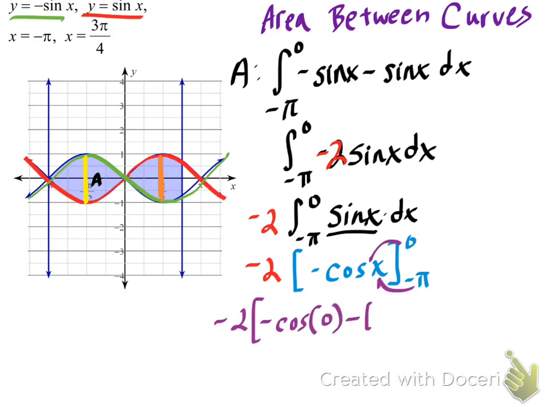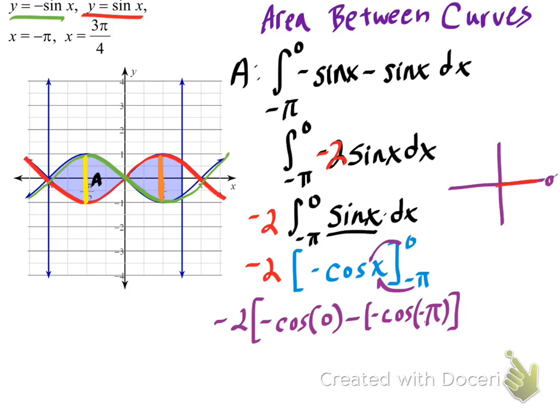minus the same function evaluated at negative pi. So negative cosine is my antiderivative function, and that's being evaluated at negative pi. How do we get these without a calculator? Let's think back to our unit circle, where this is 0 degrees or radians, and of course making the full 2 pi. 0 is 0, so we don't have to move our rotating arm at all here.